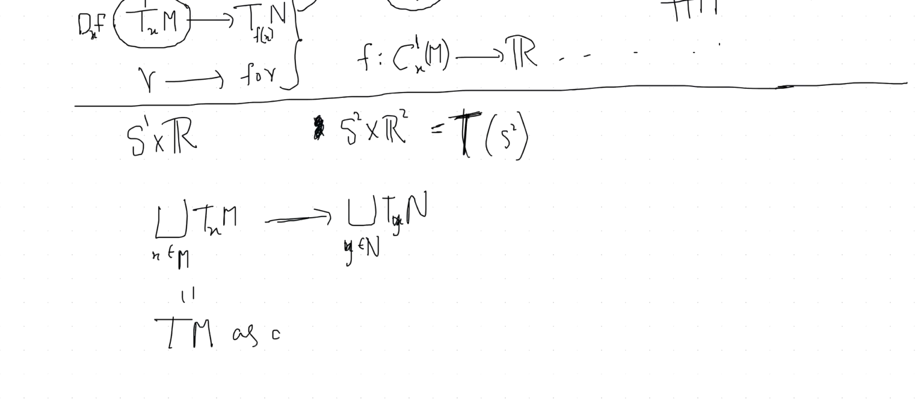But the topology on the tangent bundle is not the disjoint union topology. It's not the disjoint sum or whatever topology. And why that is, you see, it will not take into account certain things.